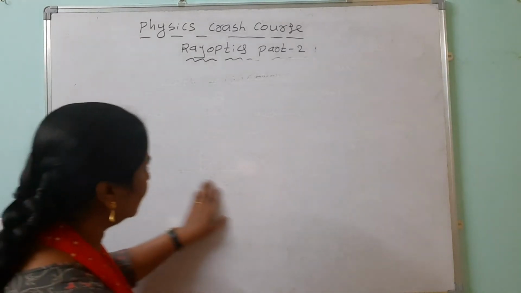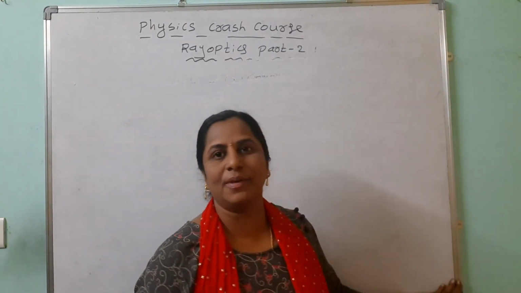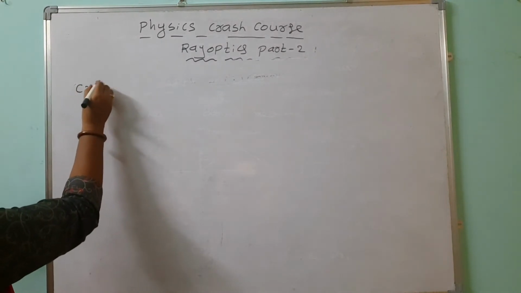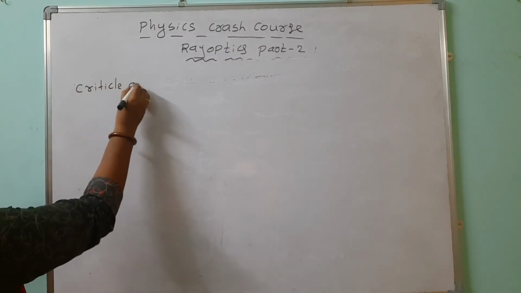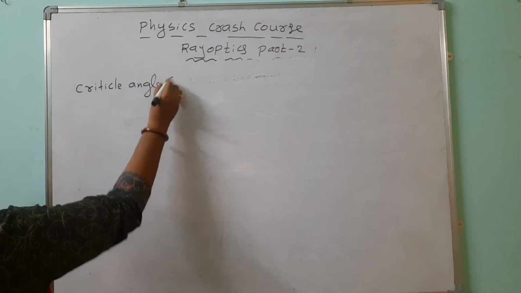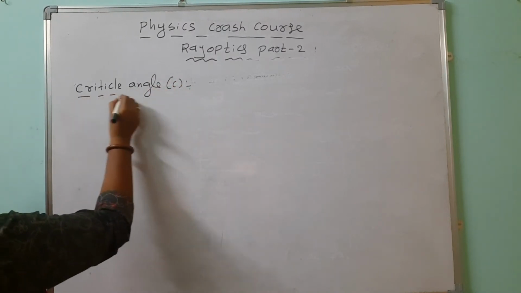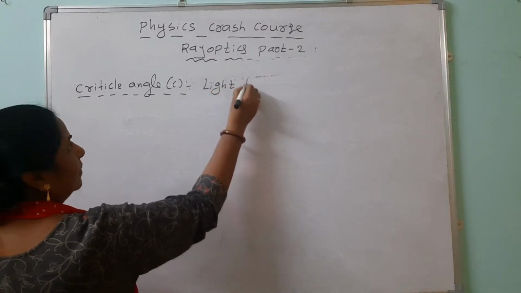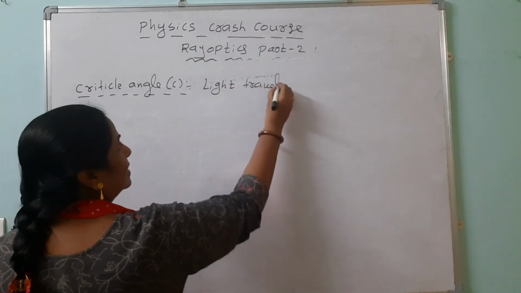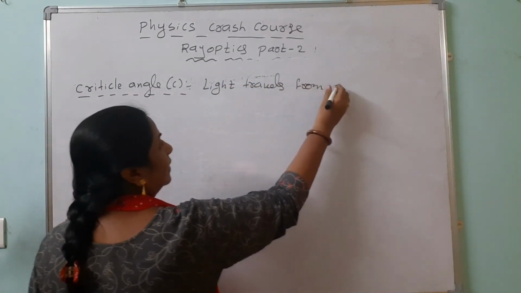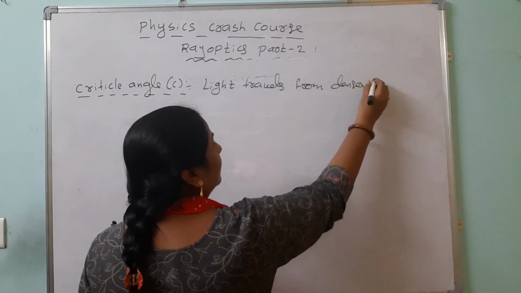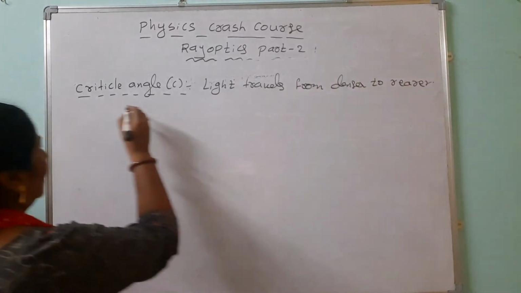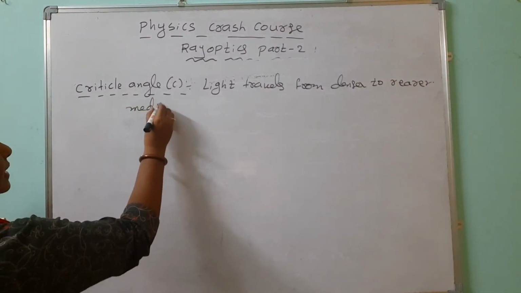Now we are going to discuss a very interesting topic. What is the critical angle? It is represented by C. In this case, light travels from a denser to a rarer medium.